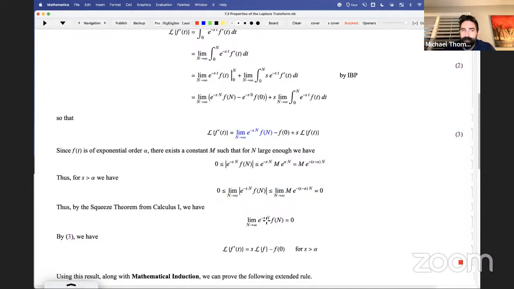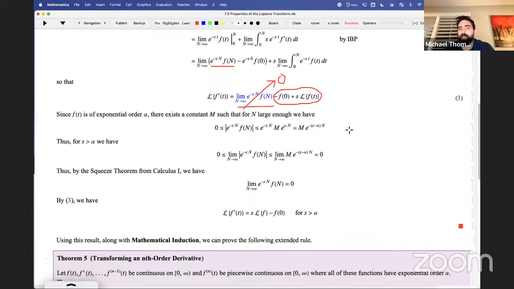That's the squeeze theorem from calculus 1. So we've squeezed this thing. We know that limit is 0, which means this guy is 0 right here. So that guy is going to 0 out, and then hopefully you can see what's left over. That's our rule, right? So we'll state it around here again. And that's the rule for taking the Laplace transform of a derivative.